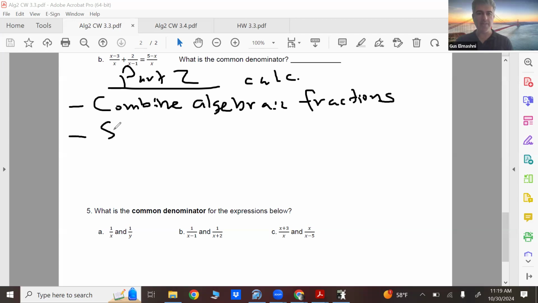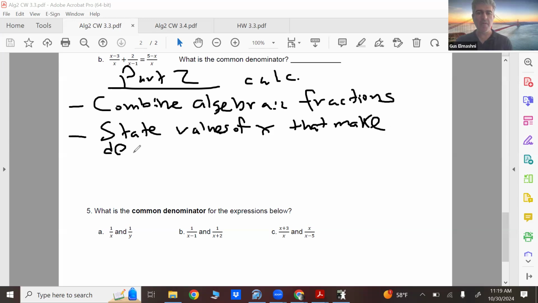Next one will be to state the excluded values. When the denominator equals 0, that's a problem, obviously, right? So we're going to ask, hey, state the excluded values. That's what's meant by that, because we're dealing with a lot of fractions in this unit.